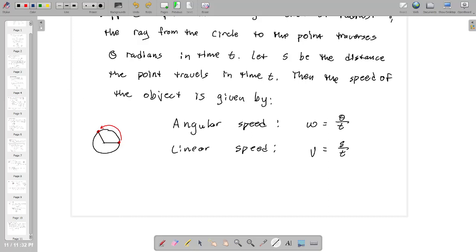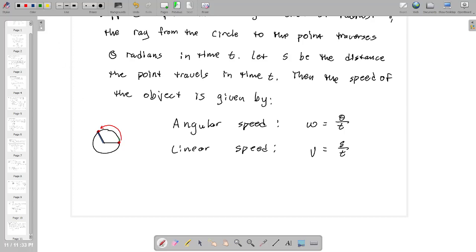The angular speed will be the change in this theta, this angle, as he rotates around the circle and then comes to a stop here. So we take that angle that he traversed and divide it by t, how much time it took him to traverse that angle. Now the linear speed is a little bit different.